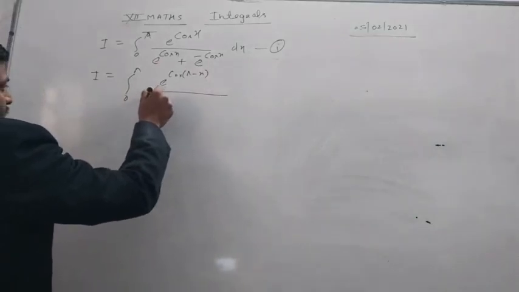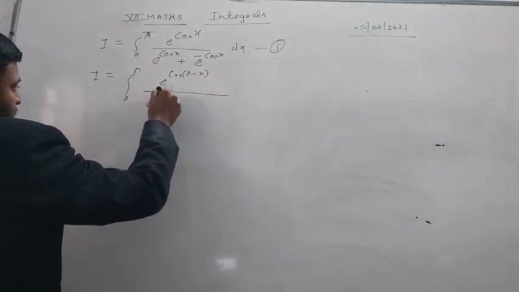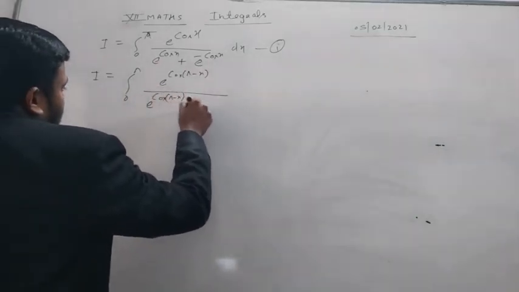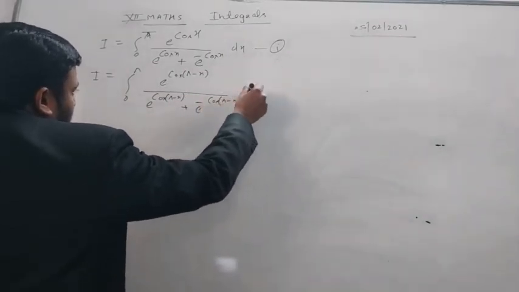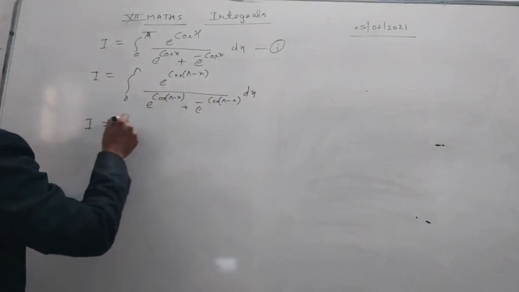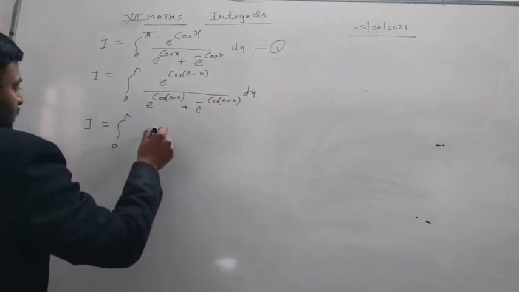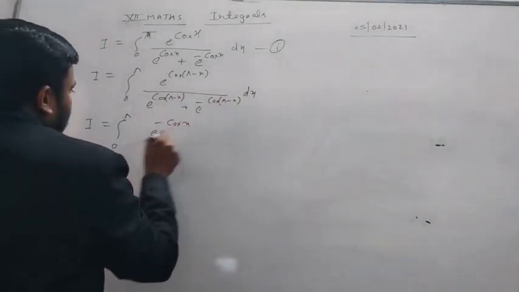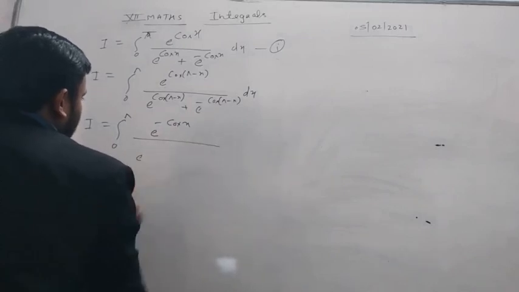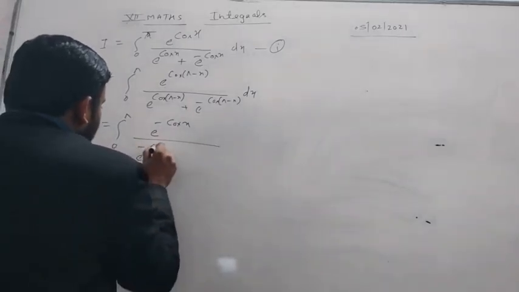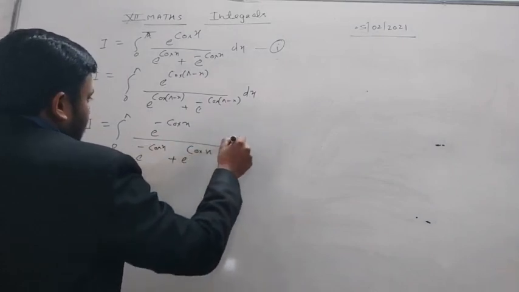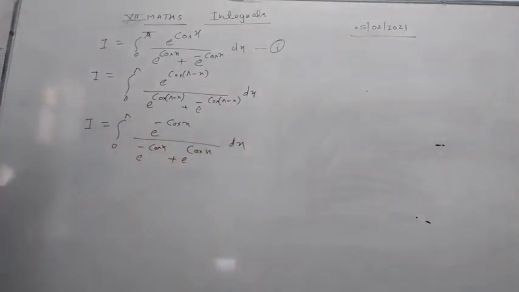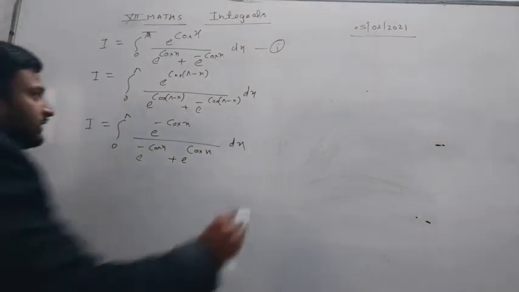Now this is the integral from 0 to pi of e to the power cos (pi minus x) by (e to the power cos (pi minus x) plus e to the power minus cos (pi minus x)) dx. So I is equal to the integral of e to the power minus cos x by (e to the power minus cos x plus e to the power cos x) dx. Okay students, now we are adding these two equations.